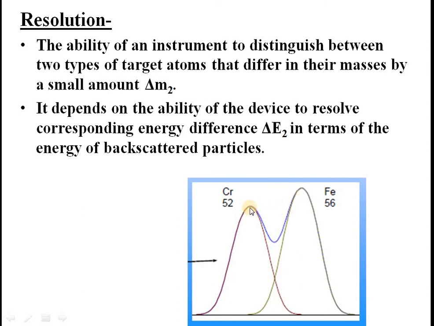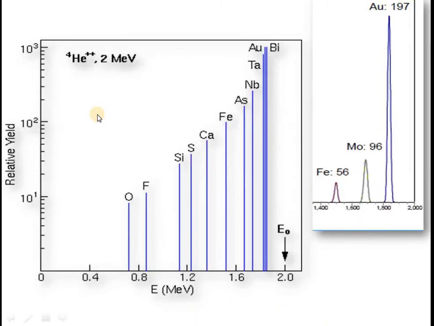So if the energy losses for chromium and iron are very close, then the resolution will be very small. So you have to make that energy loss as high as possible. That is why we always depend on the backscattered particles, not the others. Backscattering will have the highest loss of energy. So that is inferred by the resolution.